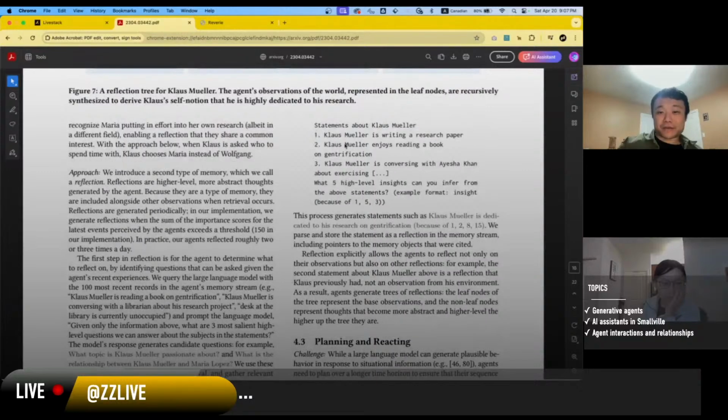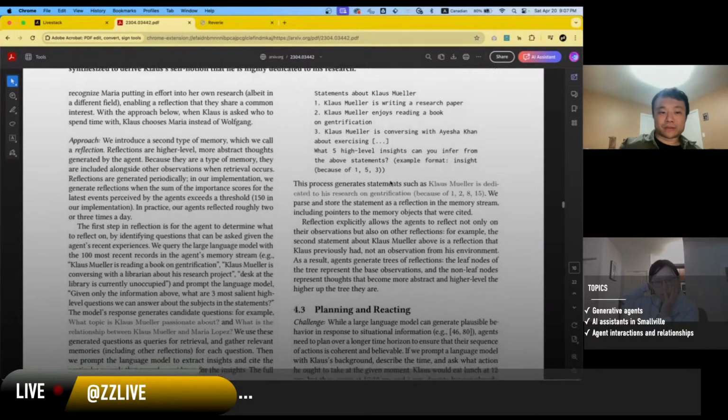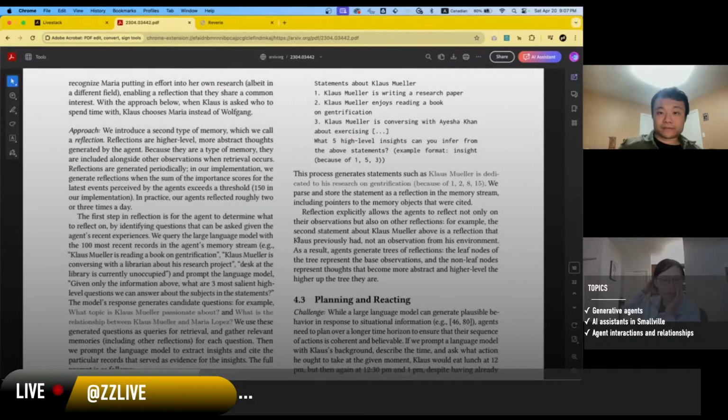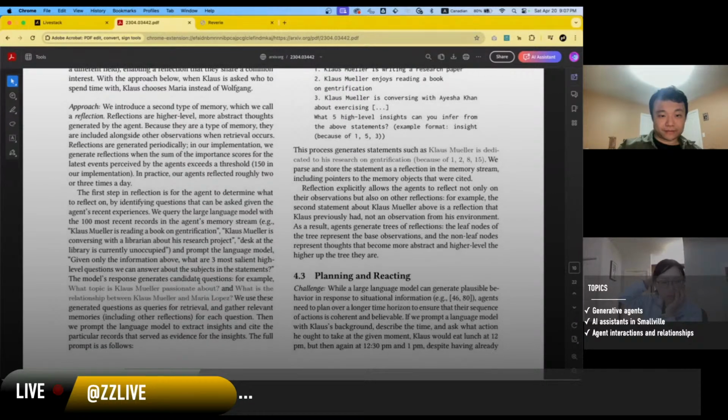The full prompt is as follows: statements about Klaus Muller, and so on. The first 100. That's quite a large context window. What five high-level insights can you infer from the above statements? Wait, I thought it's asking questions. What's going on? I think it has to generate the questions first. Given only the information above, what are the three most salient high-level questions we can answer about the statements?